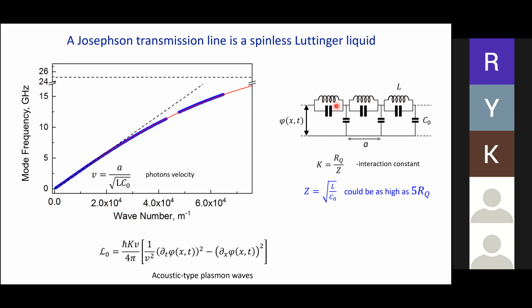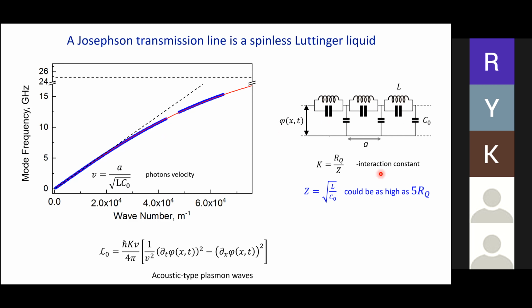The two chains behave like a usual transmission line, and the capacitance in parallel to the inductance doesn't matter too much.